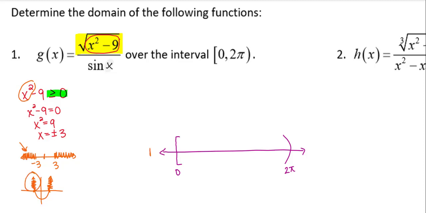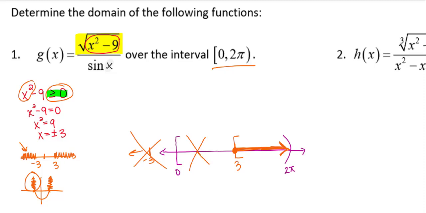Well, negative 3 is way over here, so that's not even a part of my closed interval anyway. But it has to be greater than 3. So I just mark 3 here. And it could be or equal to, remember, because it was in our numerator. So I'll say greater than or equal to 3. So I'll put a closed point or a bracket, whichever you prefer. And I'm heading this way so far. So none of these are even an option anymore.